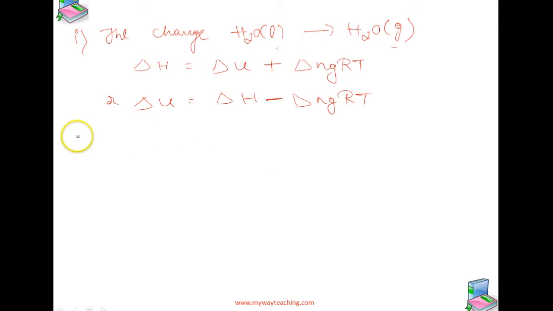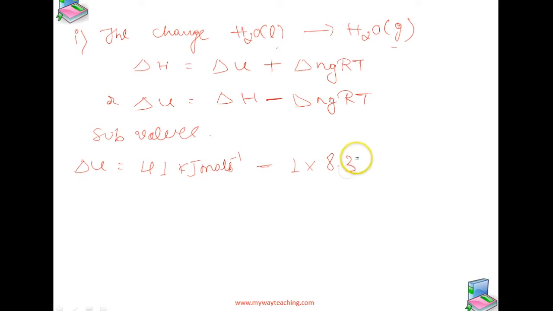Substituting the values: delta H is given as 41 kilojoule per mole, minus delta Ng into 8.3 joule per mole per Kelvin, where the temperature is 373 Kelvin.